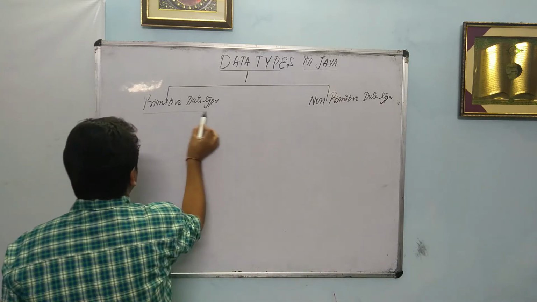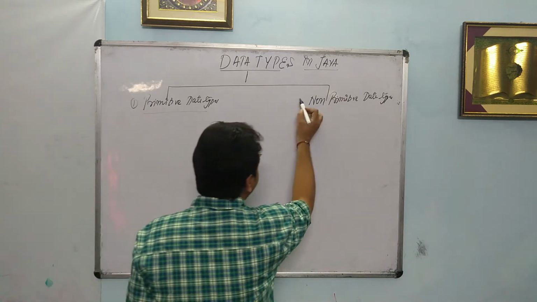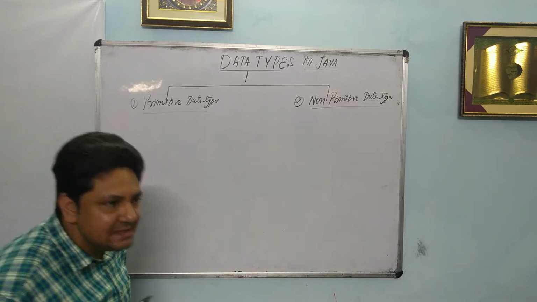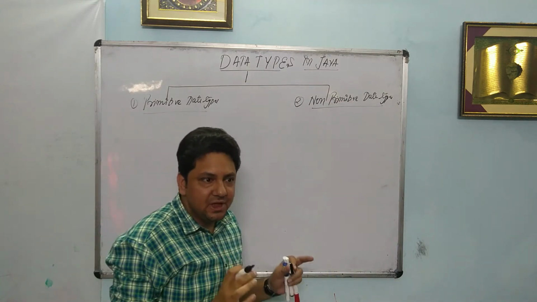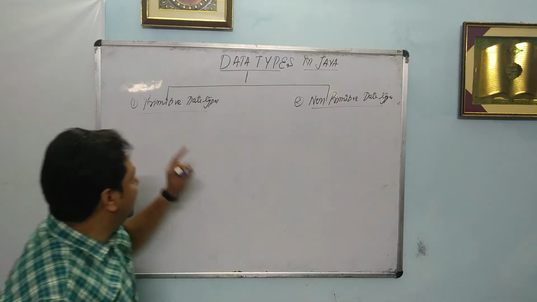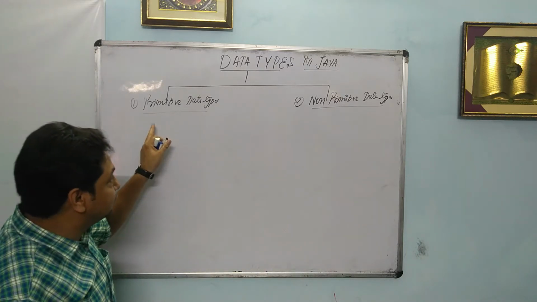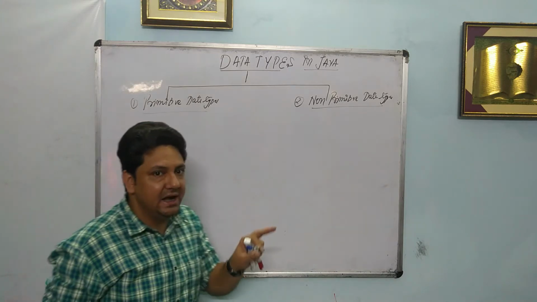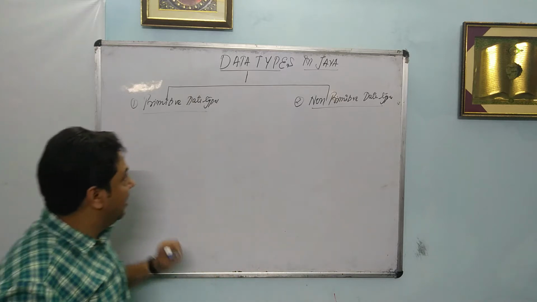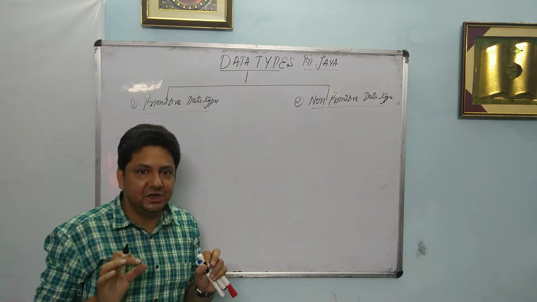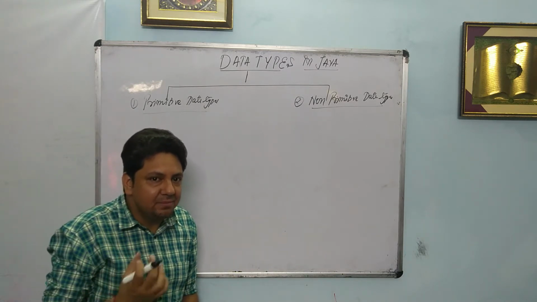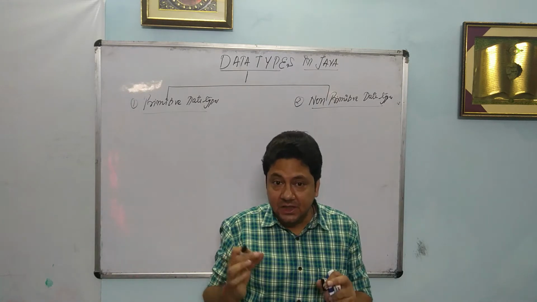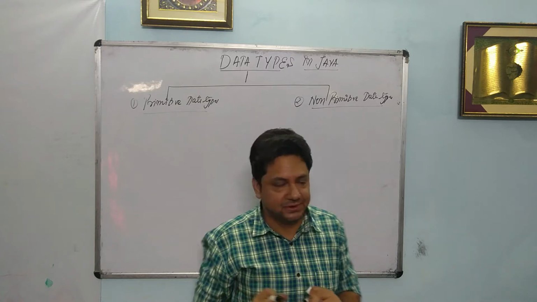So what is a primitive data type and what is a non-primitive data type? According to the computer science definition, something which is inbuilt is called a primitive data type. That's why primitive data types are also called inbuilt data types. Whenever any programming language is introduced, some data types come as a part of the programming language. These are called primitive data types.